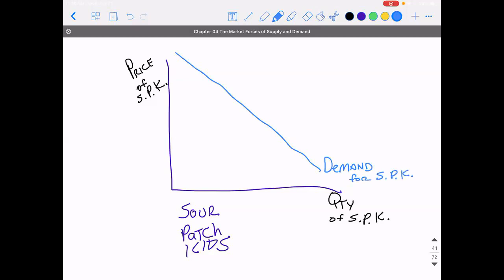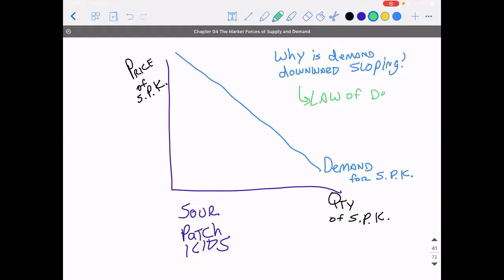And the reason why it needs to be downward sloping, if you remember, is our law of demand. As price falls, quantity rises.